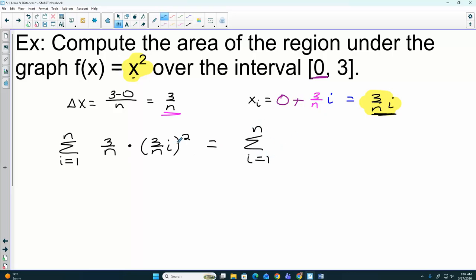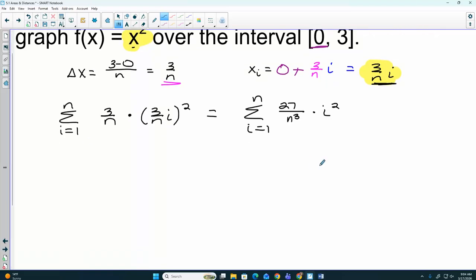So if I simplify this, 3 squared is 9, times 3 would be 27. n squared times n would be n cubed. And we have 9 squared. Okay, we're adding up i's. 27 over n cubed doesn't have an i in it. That's just like a coefficient.